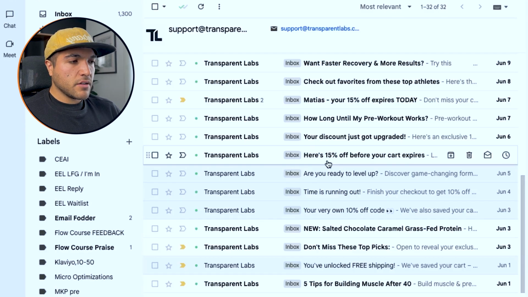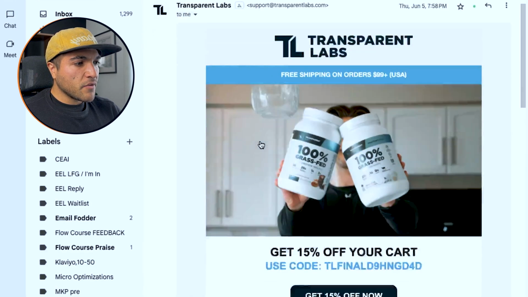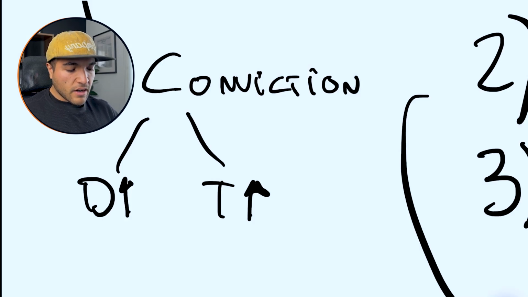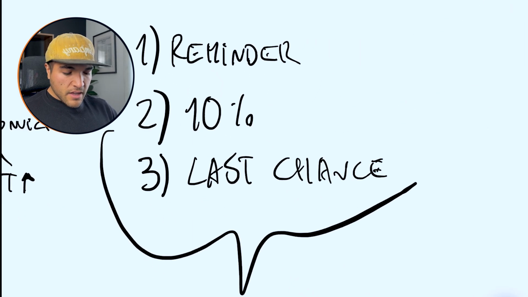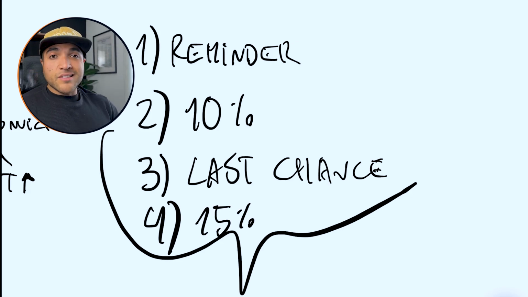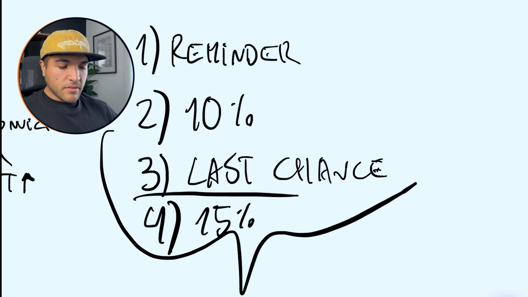So let's continue. Here's 15% off before your card expires. Okay, so now they are doing what's called a discount ladder. So it goes like this. And now email 4 is 15% off, right? So with a discount ladder, they increase the discount to nudge people to buy. Those who didn't purchase so far receive this email, right?